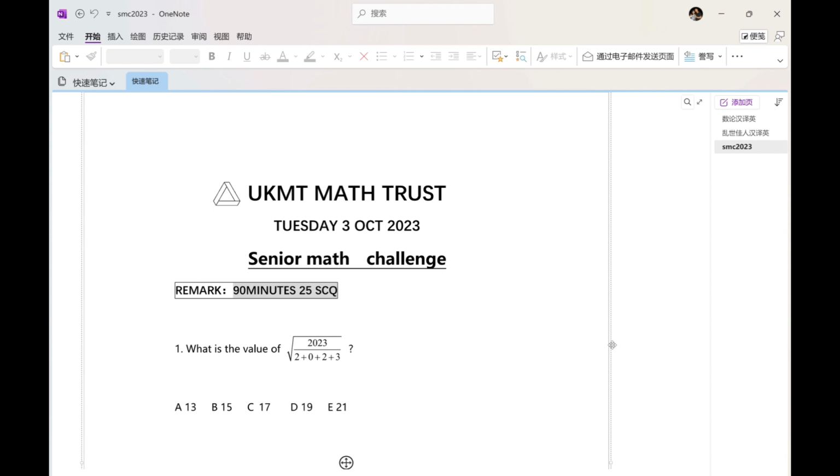If you give the correct answer, you will get 4 scores, and if you don't answer a question, you get 0 scores. But if you give an incorrect answer, you will lose 1 score. So do not try to guess the answer.